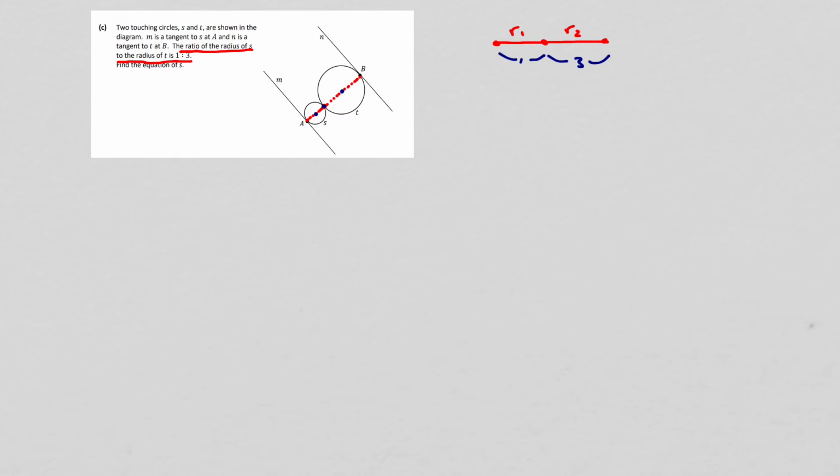But of course, if I was to look at the diameter, we could say the same thing. Because obviously your diameter is twice the radius. So therefore the diameter 1 to diameter 2 would have to be in the same ratio as well, 1:3.